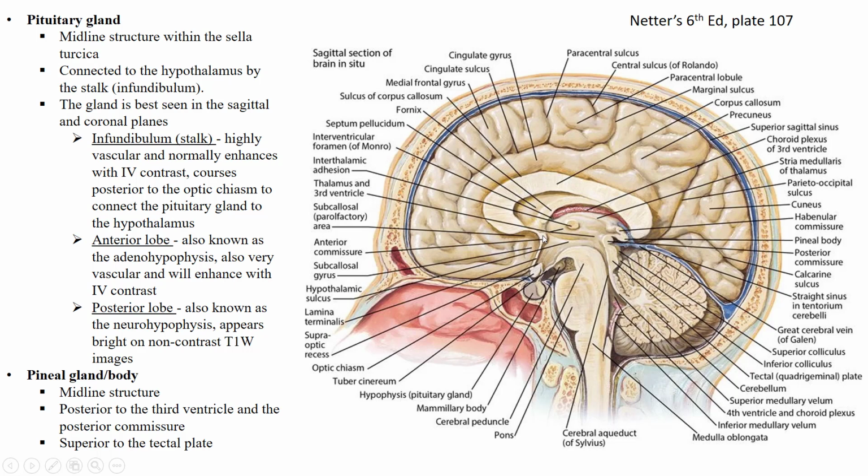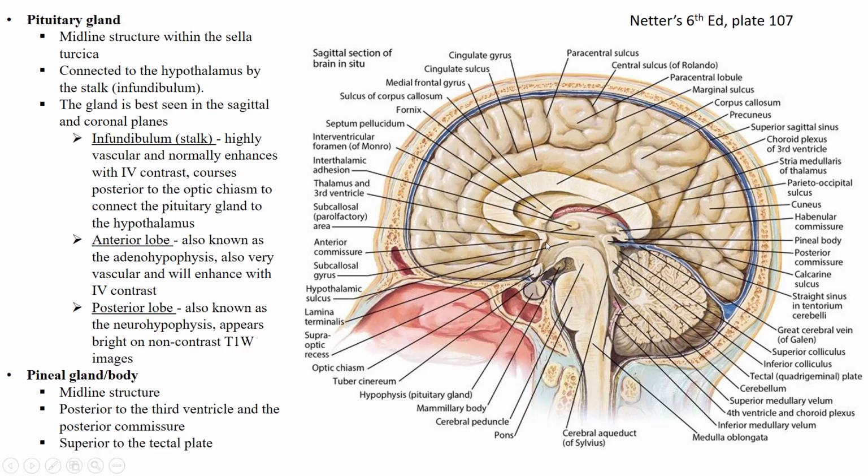At the anterior portion of that is the anterior commissure, just anterior to the third ventricle. This is the third ventricle here with the intrathalamic adhesion, so the thalamus is going to sit on either side of that. Posterior to the third ventricle is the posterior commissure, as well as the pineal gland, and then inferior to the pineal gland is the tectal plate.